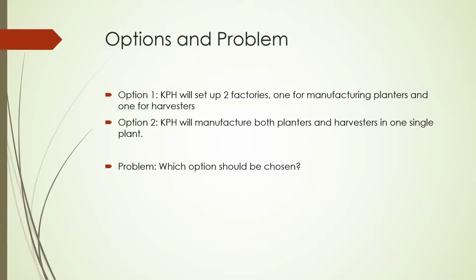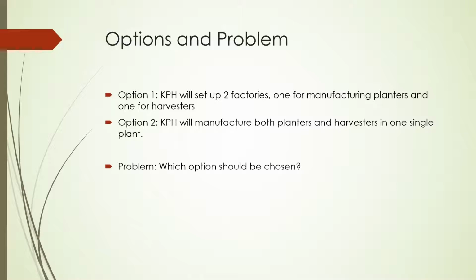So for KPH, there are two options for them. The first is to build two factories separately for manufacturing planters and harvesters. And the second option is to only use one factory to produce both products.